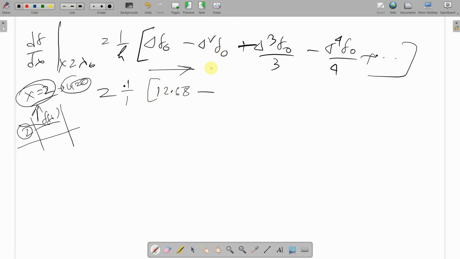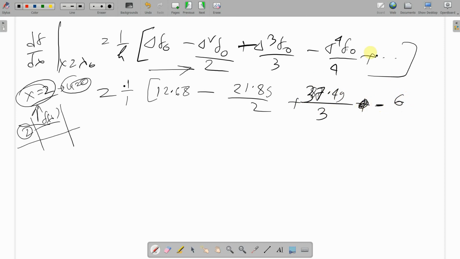Then this one, del square f0 by 2, 21.85 by 2, then del cube f0 कितना, 37.49 divided by 3, इसको माइनस होगा, ये कितना आ रहा था, 64.42 by 4, और इसको करके देखो कि उसके आसपास आ रहा है कि नहीं, जो आ रहा था 7.389.